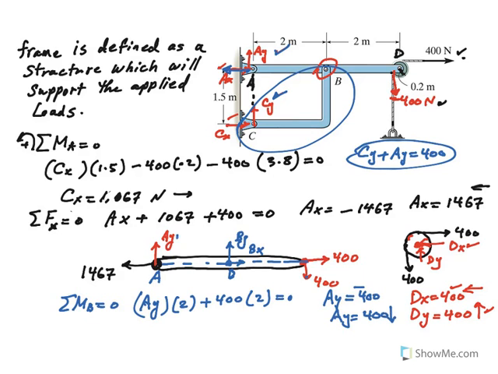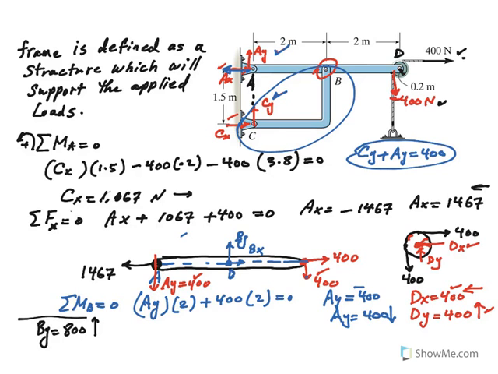So its direction has to switch. If AY now is 400 down, what should be BY? You have a 400 and a 400 going down. Therefore, BY must be equal to 800, balancing the forces. So the direction of BY is correct.